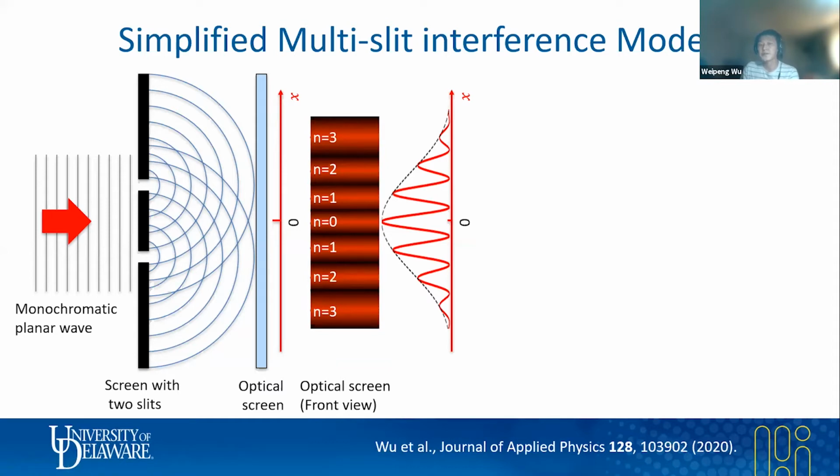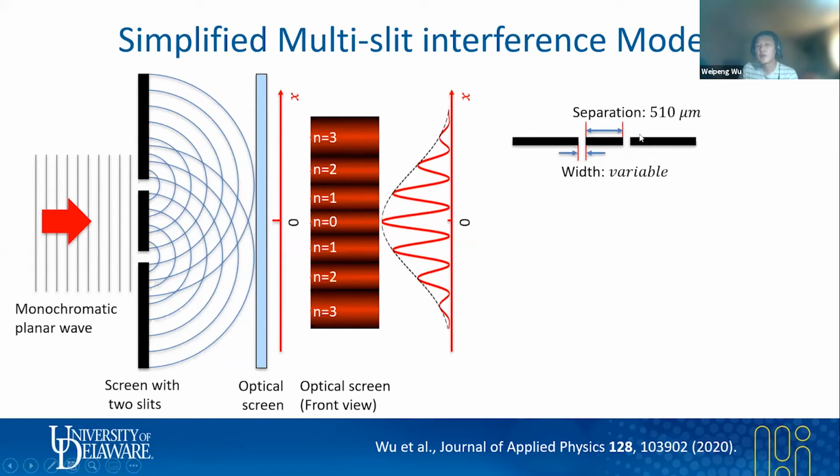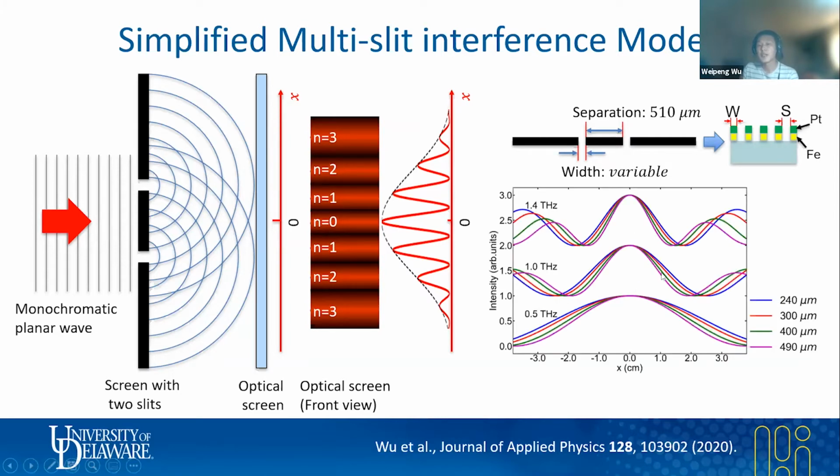we might also be able to see terahertz interference on the screen, right? So we run a simulation in this scenario where we keep the separation of the slits at 510 micrometers and vary the slit width. This situation is equivalent to a stripe sample where we keep the separation of stripes at constant distance, and then we vary the stripe width. And here are the simulation results.